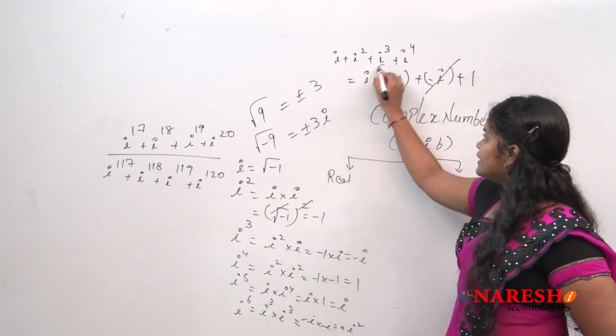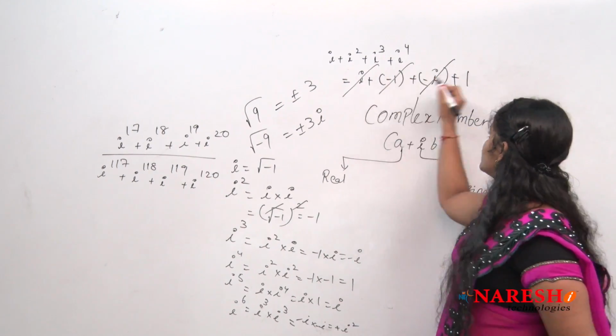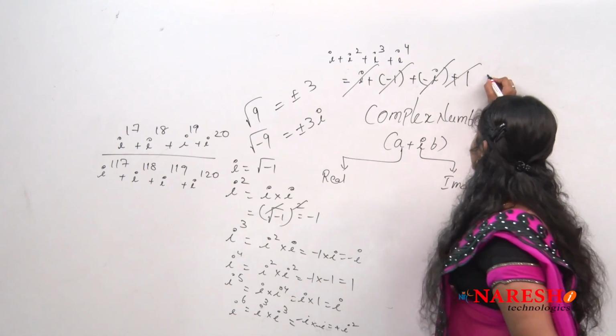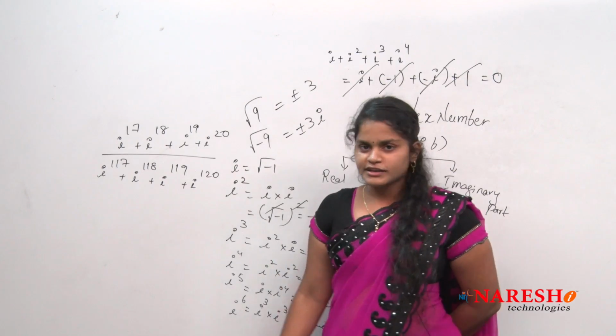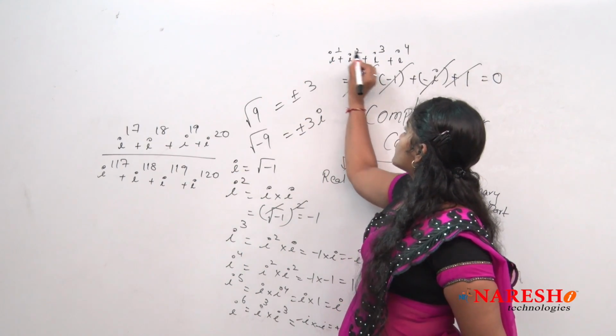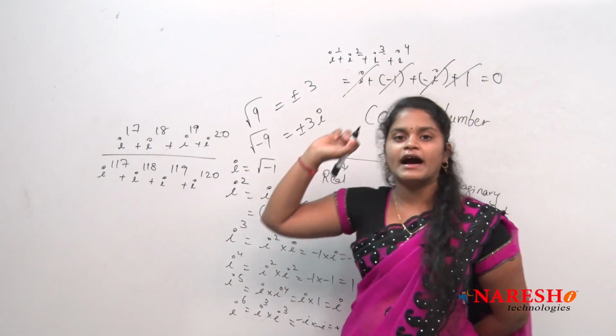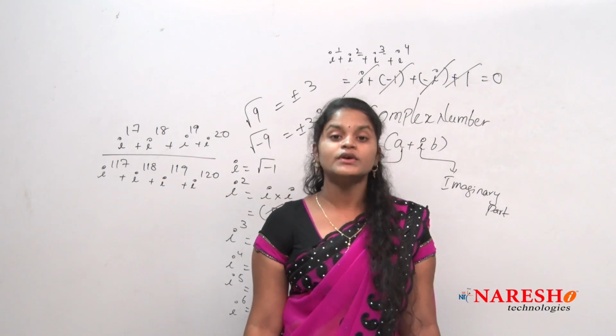Minus i and i get cancelled, minus 1 and plus 1 get cancelled, and it is equal to 0. Always remember, the sum of 4 consecutive powers of i is always equal to 0.